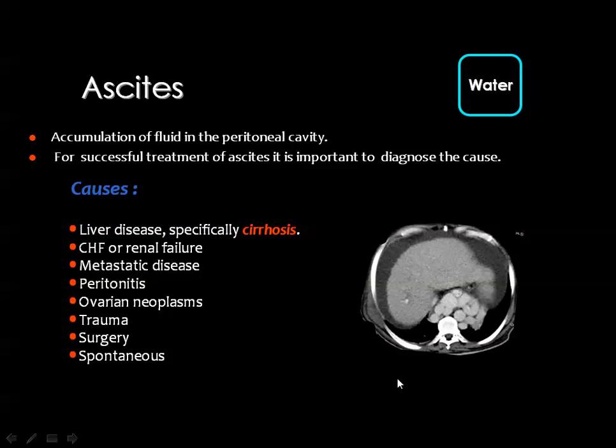Then ascites is accumulation of fluid in the peritoneal cavity, and you know that there are a lot of causes for this collection of fluids, and one of the commonest causes is liver cirrhosis, and of course renal failure, metastatic disease, peritoneal infections, ovarian neoplasms, trauma, surgery, and sometimes it is spontaneous.